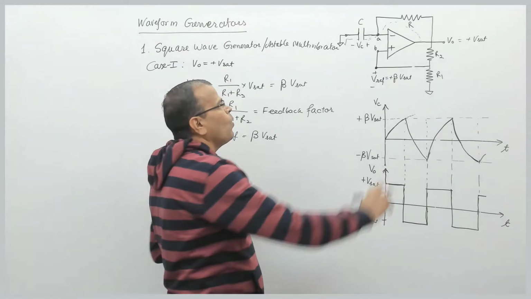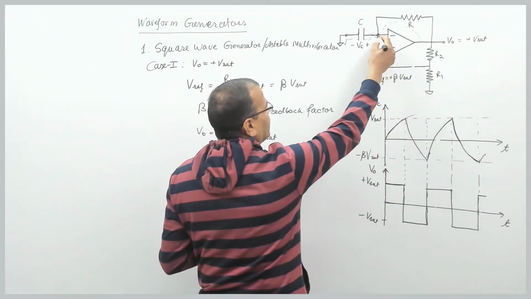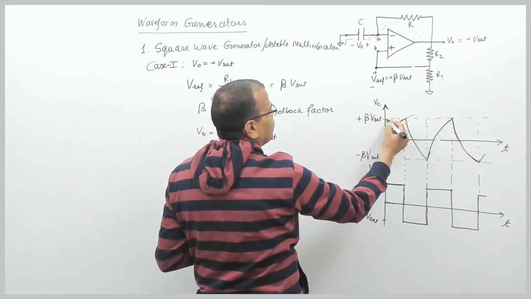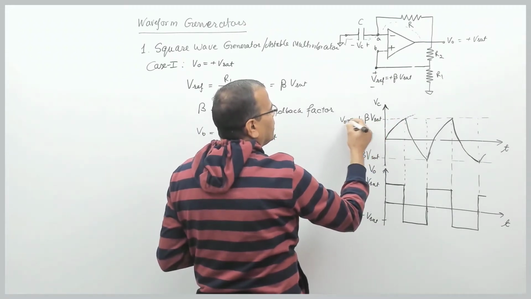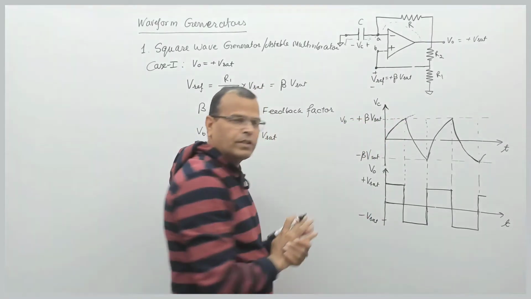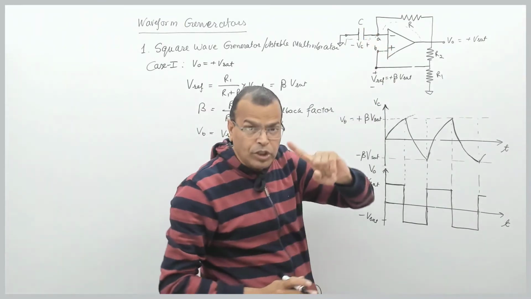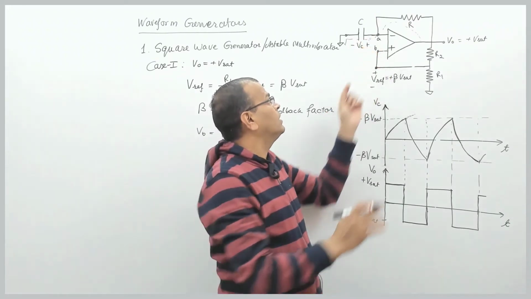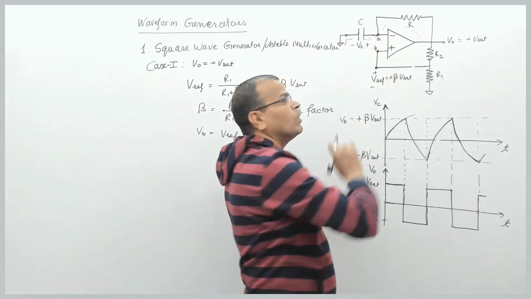So now at certain instant of time, the voltage at node A is nothing but capacitor voltage. So capacitor voltage becomes more than this voltage at node B, which is nothing but plus beta into Vset. Initially when this voltage was less than this, voltage at non-inverting terminal is more than voltage at inverting terminal.